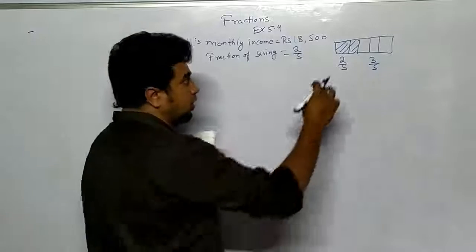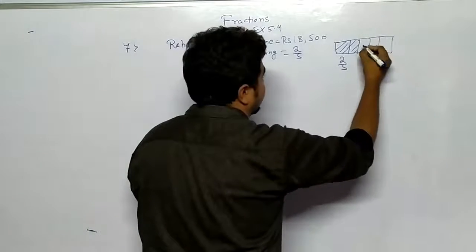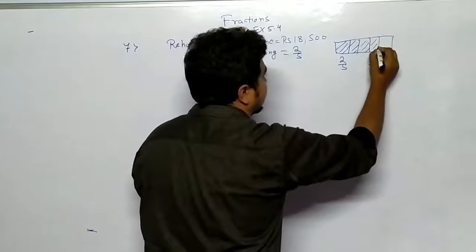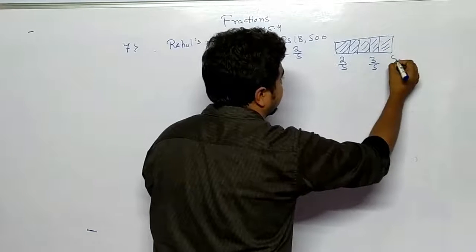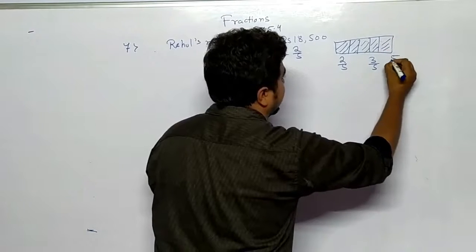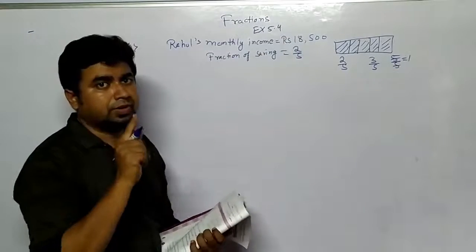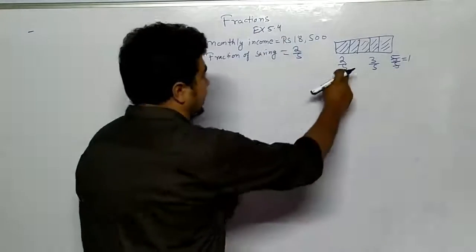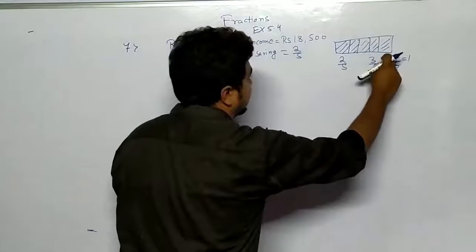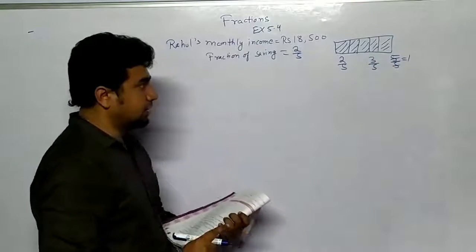If all parts are colored, the total fraction is 5 by 5, which is 1. Completeness always denotes 1. You have to think like that.